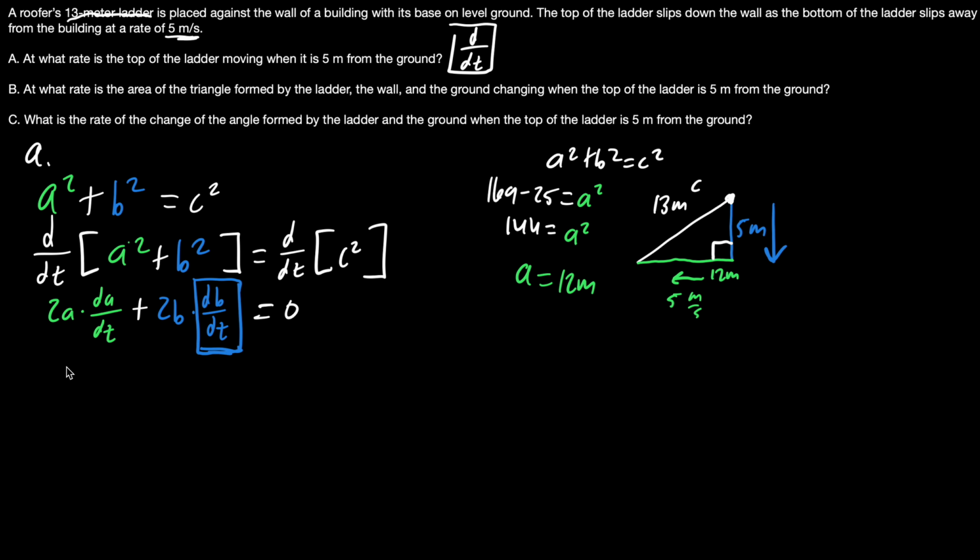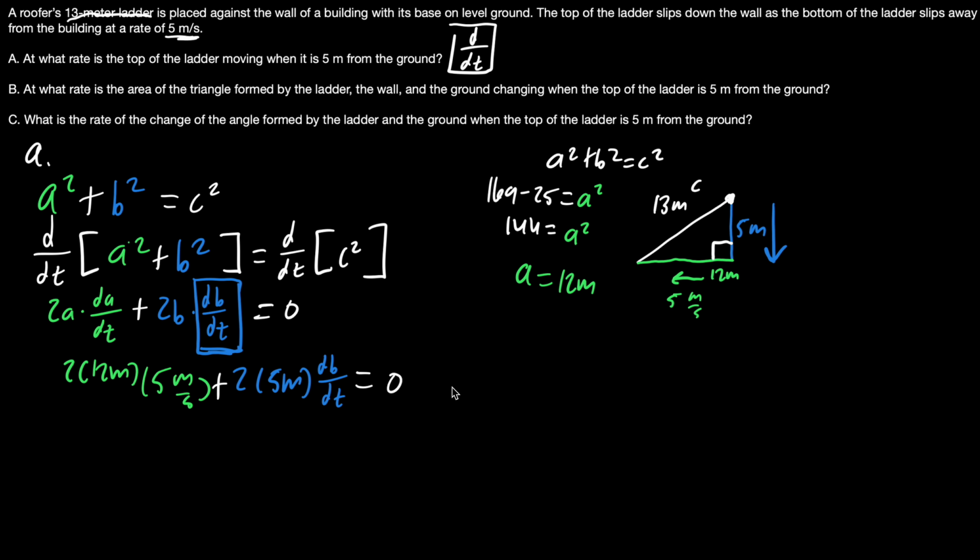So you have 2 times A, which is just 12 meters, times the derivative of A with respect to time, which is 5 meters a second, plus 2 times B, which is 5 meters, times the derivative of B with respect to time, is equal to 0.